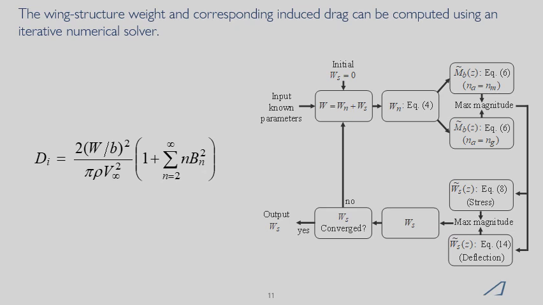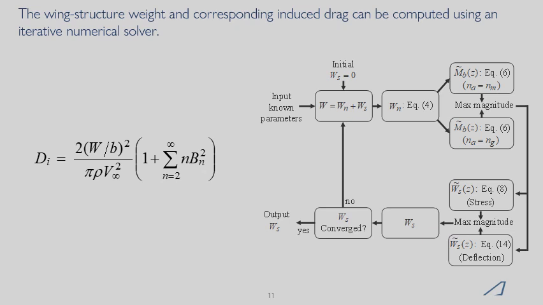And so we calculate both, and then we take again the max magnitude wing structure weight at each section and integrate it to obtain our final wing structure weight for that iteration. And then we continue to iterate until the wing structure weight has converged to within some specified tolerance.